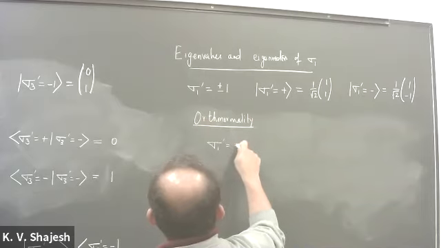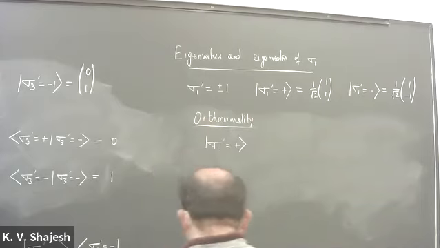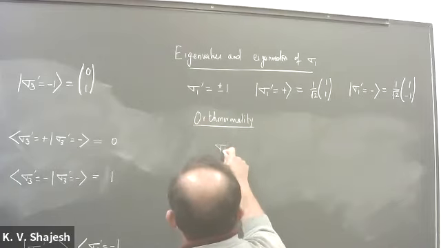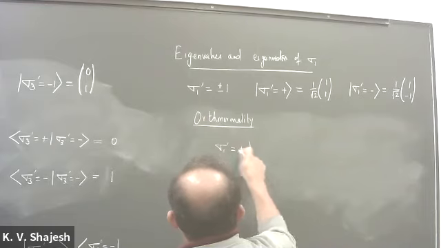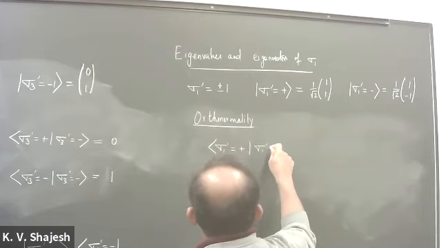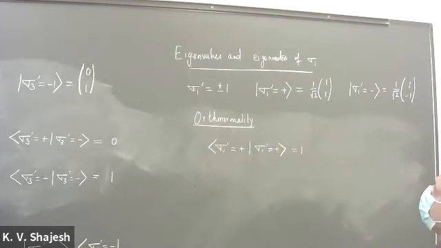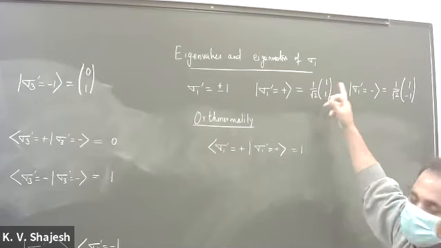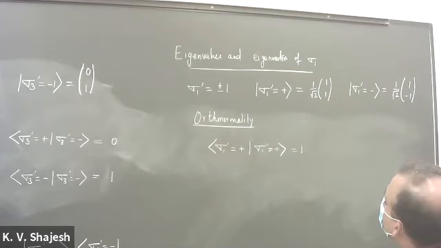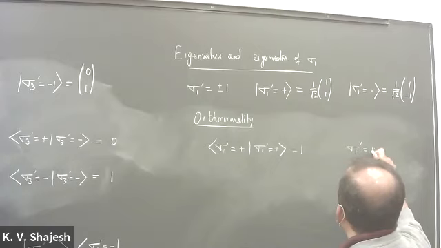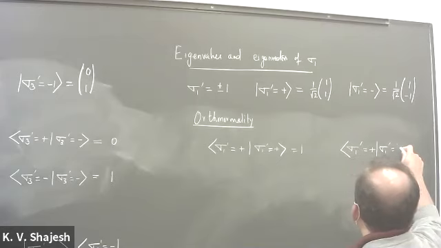Sigma 1 prime plus with itself is equal to 1, right? Because I'll get 2, 1 times 1 times 1 times 1, I'll get 2. There's already a 2 when I square that, so it's actually 1. Sigma 1 prime plus, okay, and sigma 1 prime minus.